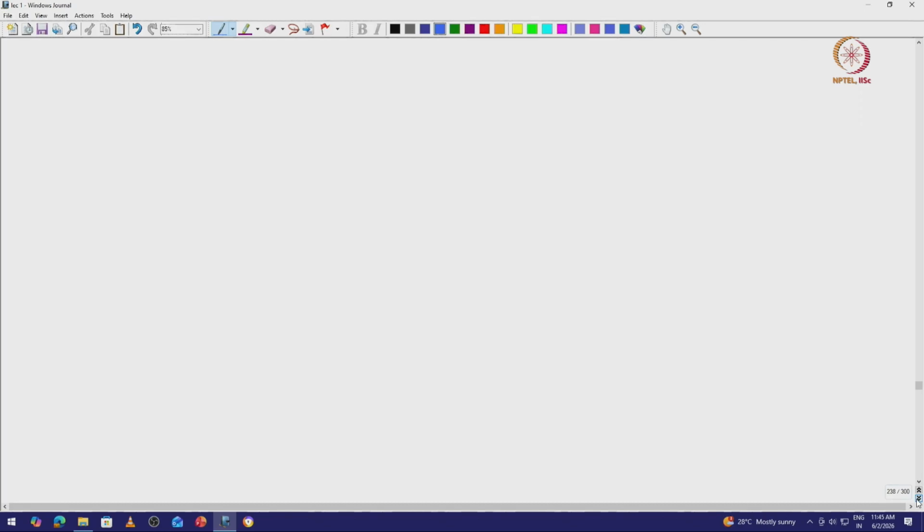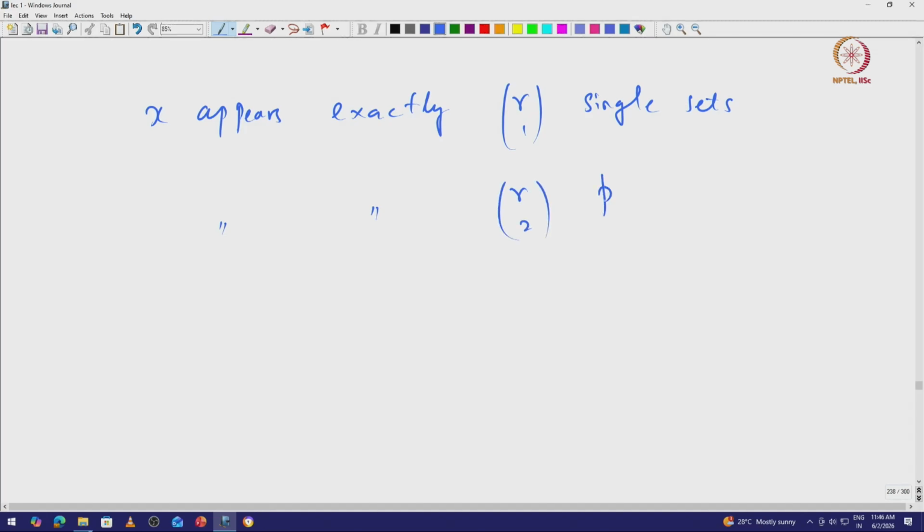That means x appears in exactly R choose 1 number of single sets, because x has to come from one of these. Now, if we look at how many intersections of two sets x appears in, then it is clear that x appears in exactly R choose 2 pairwise intersections.